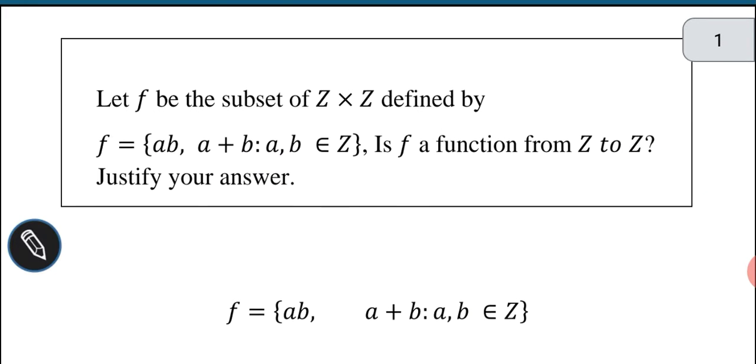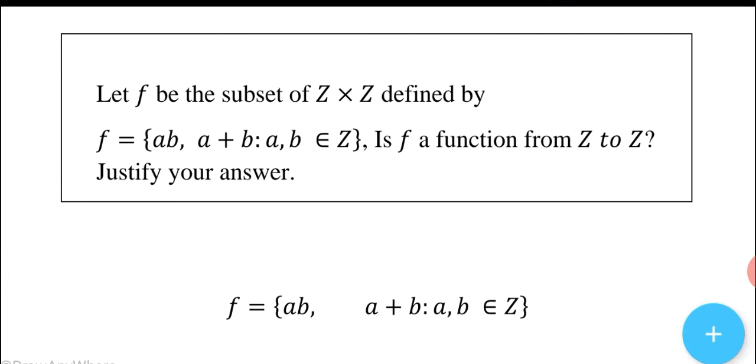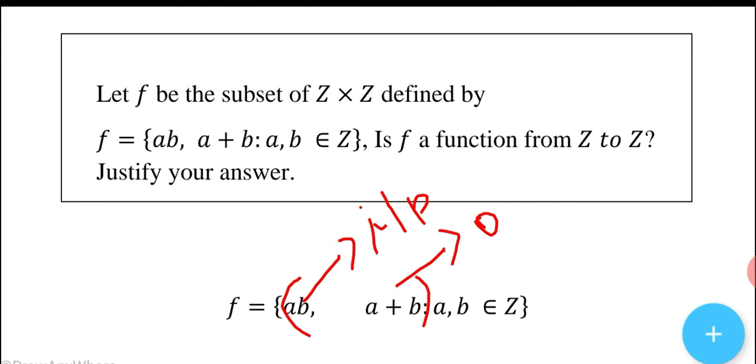Okay, so given that the function f equal to {(ab, a plus b)}, a, b belongs to Z. The first element in each ordered pair is the input, and the second element is called the output.